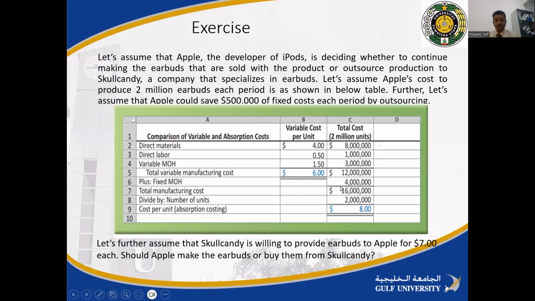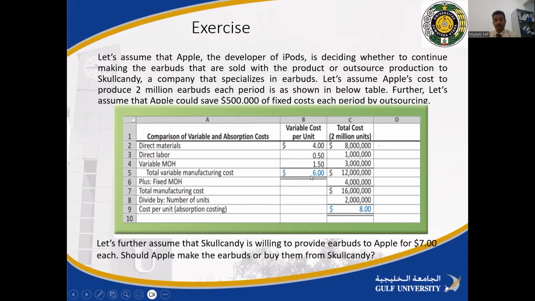So total variable manufacturing cost is 12, and variable cost for one unit is $6. This information is based on production of 1,000 units, right?